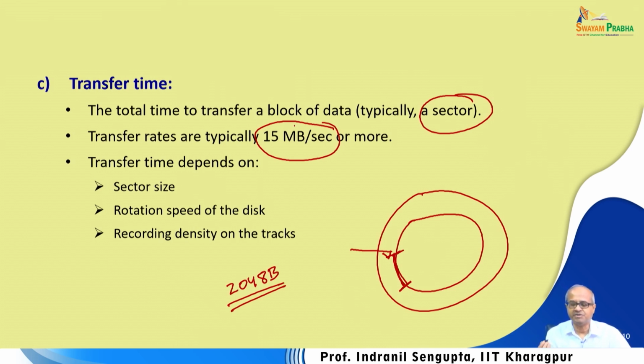And the transfer time depends on how big or how small your sectors are, how fast your disk is rotating and how small your magnets are, that is the recording density on the surface of the tracks. So, all these three times taken together will determine how much time will be taken to read some data from the disk or write some data into the disk in terms of a sector. As I said, everything happens on the disk in terms of sectors, that is the basic unit of information.